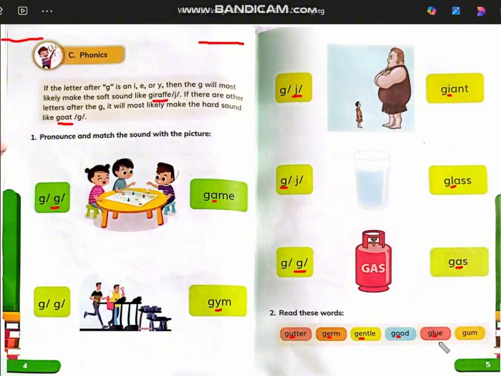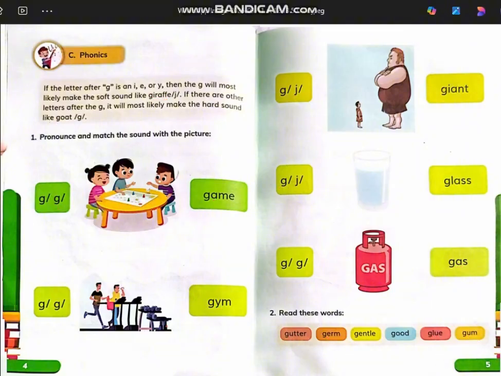Okay? The G is making the hard sound again here. Now in this word, the letter after G is U. And because it is not I, E, or Y, the G is going to make the hard sound again, and the word is gum, G-U-M, gum.